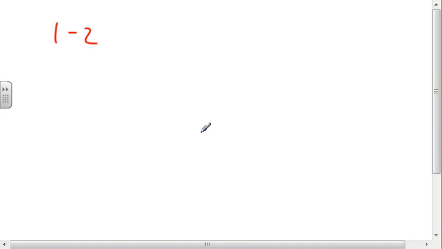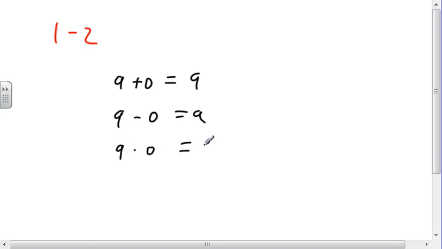And I find that if I add 0 to some number, I get the same number. If I subtract 0 from some number, I get the same number. If I multiply by 0, I get 0. If A times B is equal to 0, then it must be true that either A is 0 or B is 0.